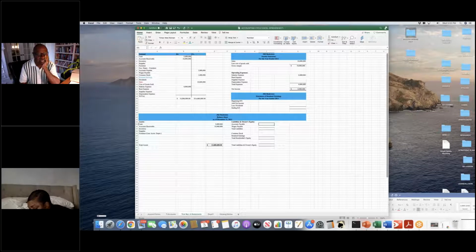Our debt is the 5 million. So total liabilities of 5 million. Common stock was what, 1 million.